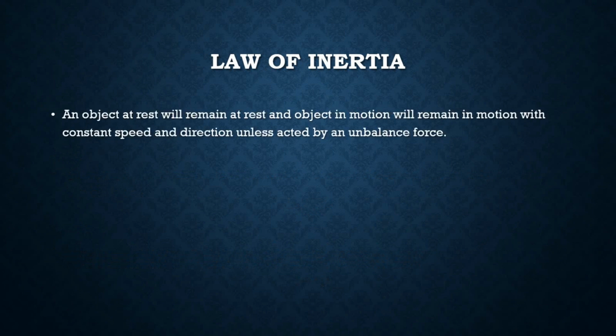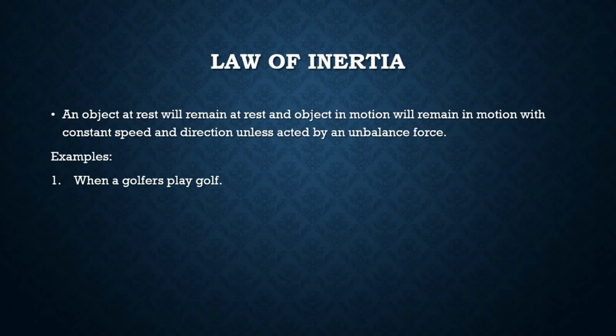So the first law of motion is the law of inertia. This states that an object at rest will remain at rest, and an object in motion will remain in motion with constant speed and direction unless acted on by an unbalanced force. An example of this is a golfer playing golf.